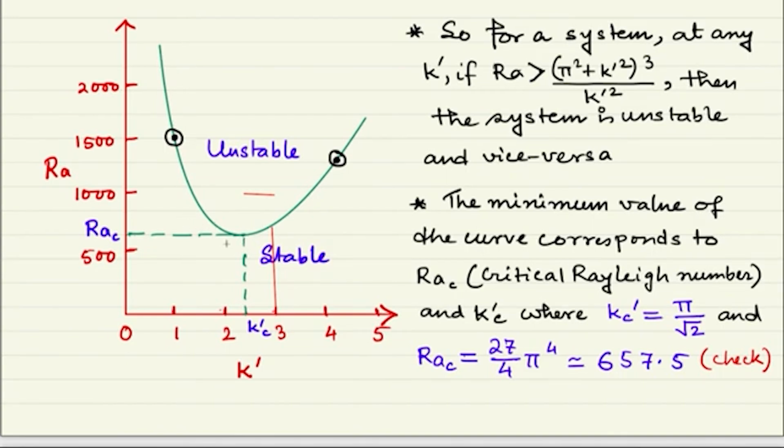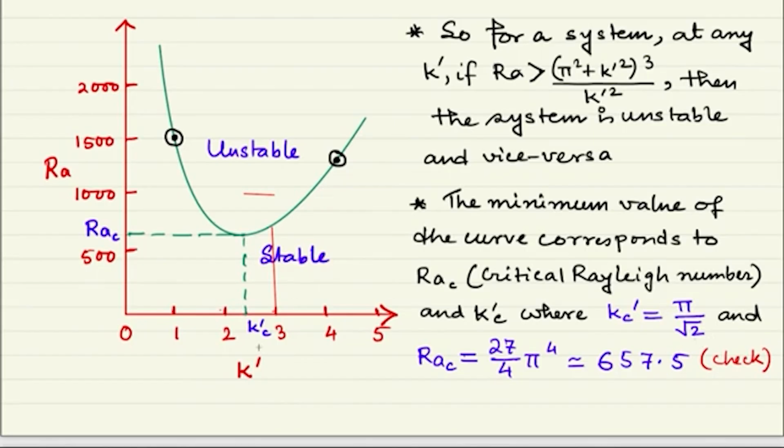And for such a solution where Ra is equal to (pi square plus k prime square) whole cube by k prime square, these are the marginal Rayleigh numbers. The corresponding critical horizontal wave number will be given by pi by root 2.